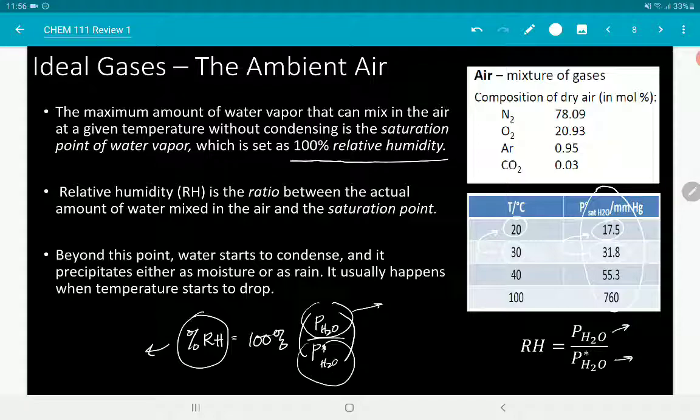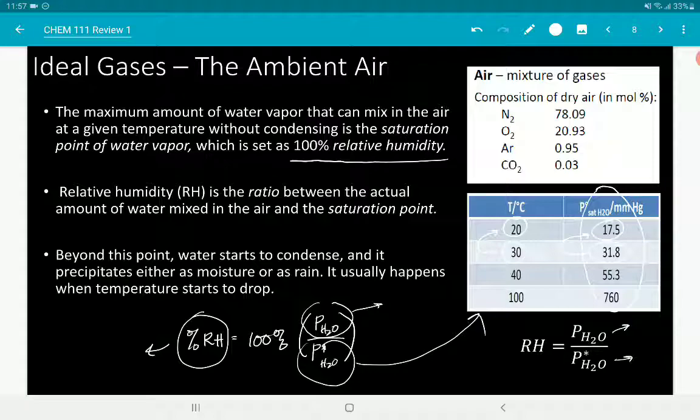So, the saturated vapor pressure of water is usually given. Okay? So, nandun siya usually sa table. Okay? So, beyond this point, nagkakaroon ka usually ng mas mataas na relative humidity kapag sobrang stable ng air. So, ibig sabihin, pwede ka magkaroon ng supersaturated solution. Pag naman unsaturated, ibig sabihin, less than 100% ang iyong relative humidity.